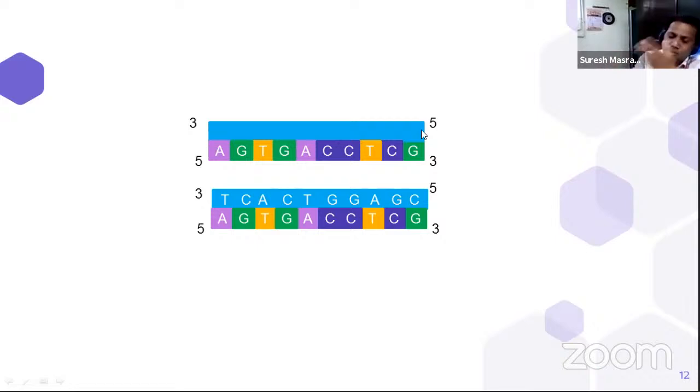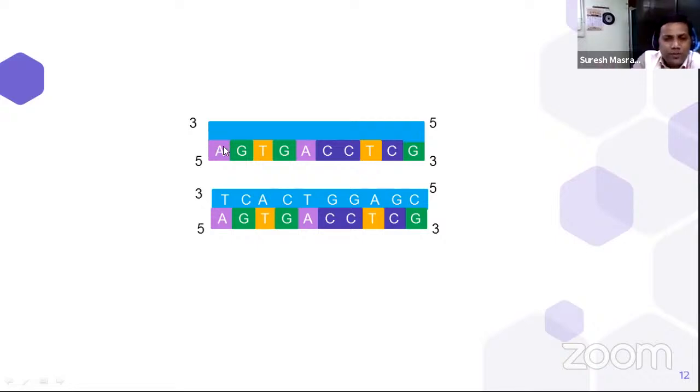Right? In this process of Sanger's method, we put this single stranded DNA fragment and allow replication, and we know what nitrogenous bases are formed during the process. Thus here we know the sequence of the newly formed DNA strand.